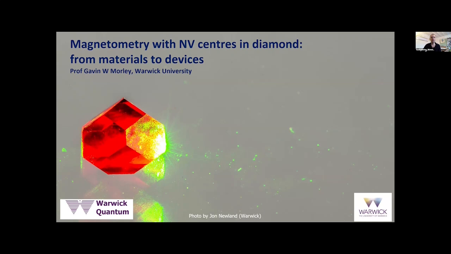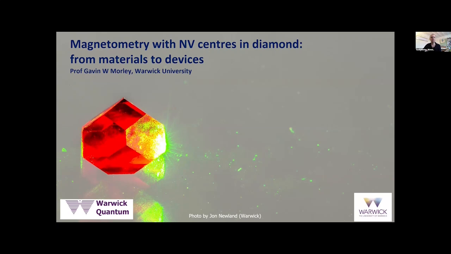Great to speak after Animesh. And it's also great to talk about NV centers because you've just heard a nice introduction to them. And here's a big picture of a 1 millimeter size diamond with loads of NV centers in it.